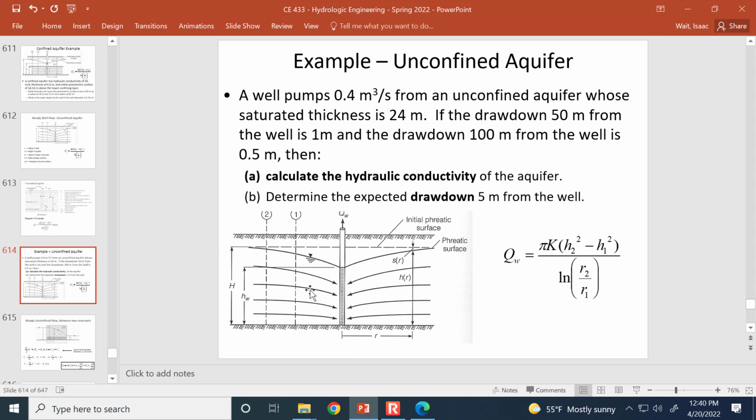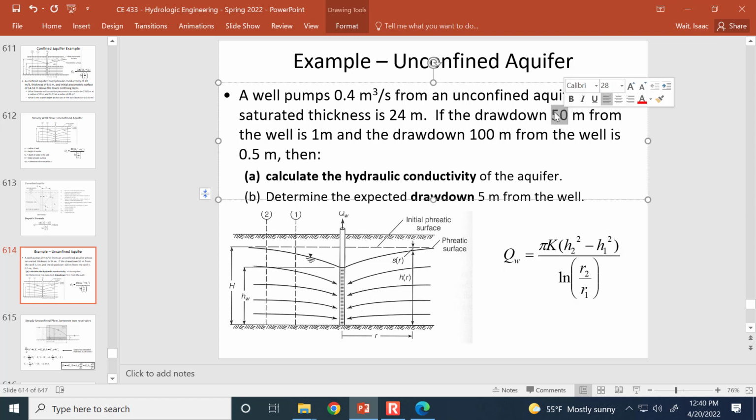Now, in part B, what we have to do is rearrange this formula once we know the hydraulic conductivity and the flow rate, and we're trying to determine the drawdown 5 meters away from the well. So we have a new location 1, and then we can either use the spot that's 50 meters away as location 2, or use the spot that is 100 meters away from the center of the well as location 2.